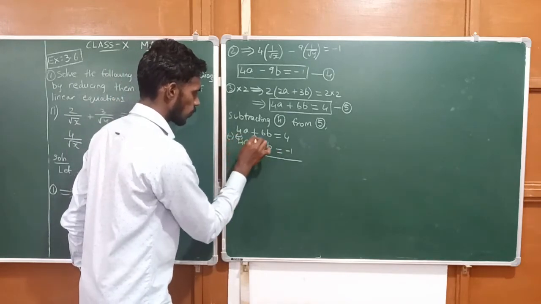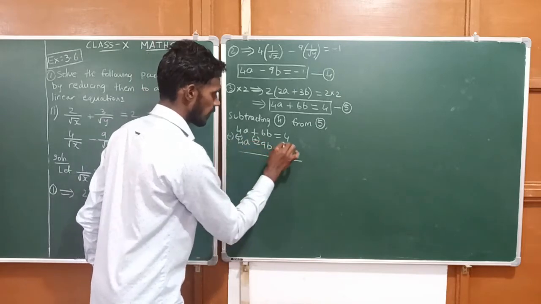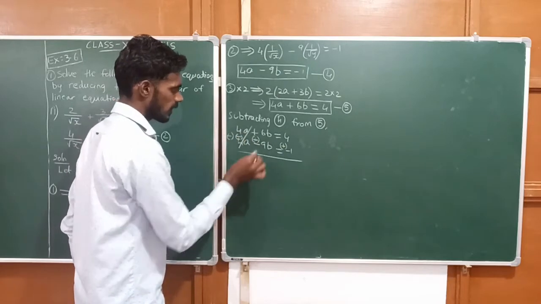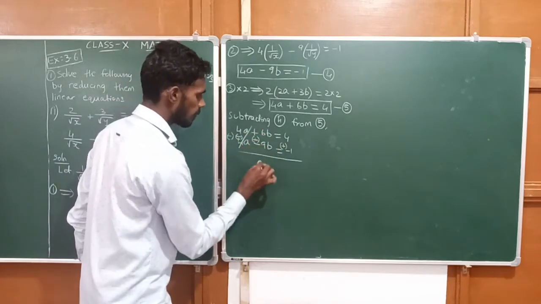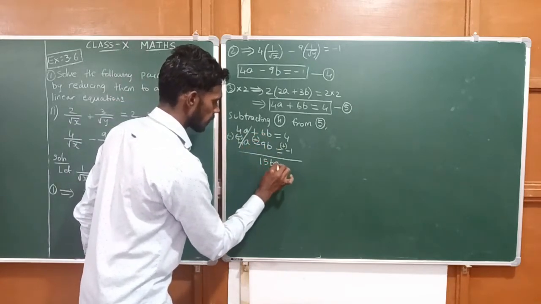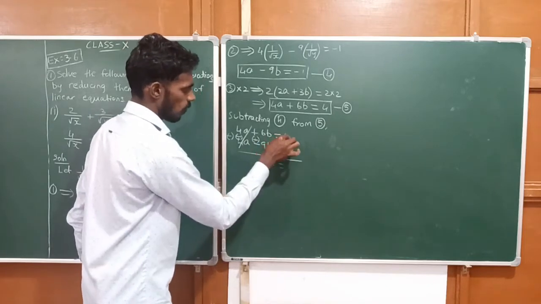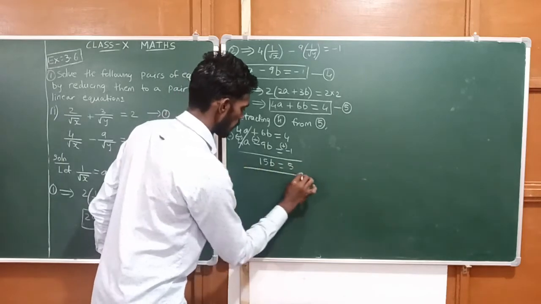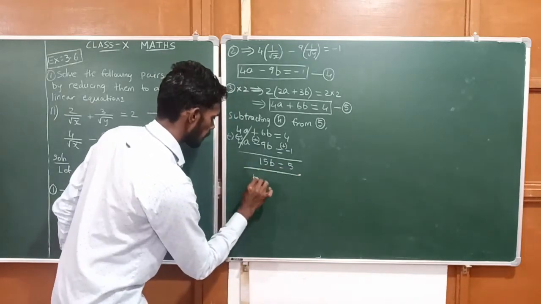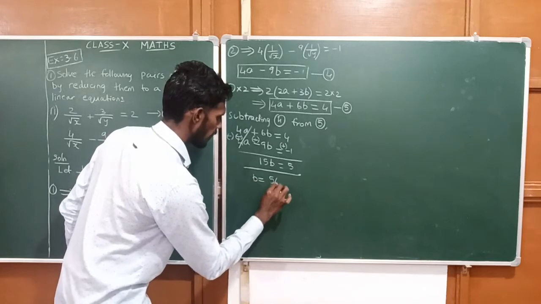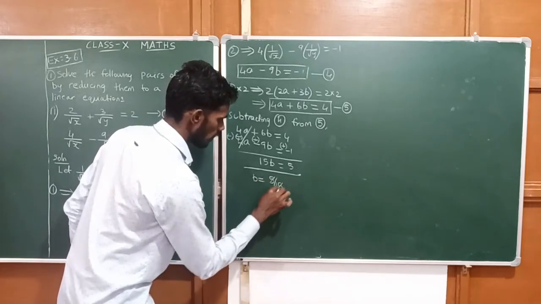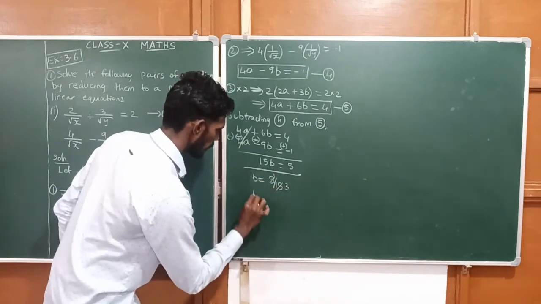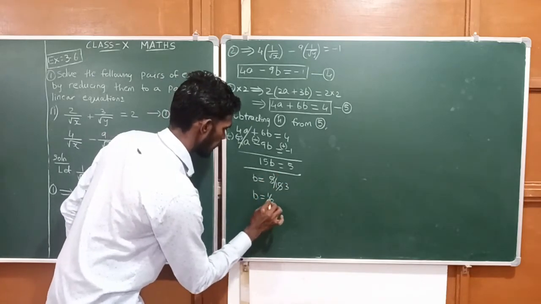So it is minus 4a, it is plus 9b, it is plus 1. Now 4a minus 4a will be cancelled. 6b plus 9b gives plus 15b. Then 4 plus 1 gives 5. So 15b is equal to 5, b is equal to 5 by 15. When I cancel, 5 3s are 15, so it is 1 by 3. The value of b is 1 by 3.